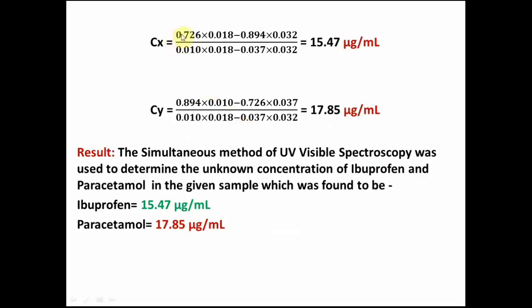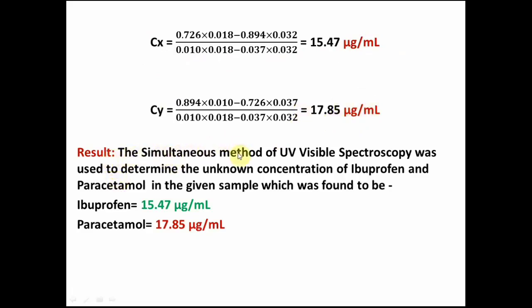So by using this formula, Cx is equal to, we put in these values and we got 15.47 microgram per ml. This is the unknown concentration of Cx, that is ibuprofen, and for Cy we got 17.85 microgram per ml, that is for paracetamol. So lastly, that is the result.